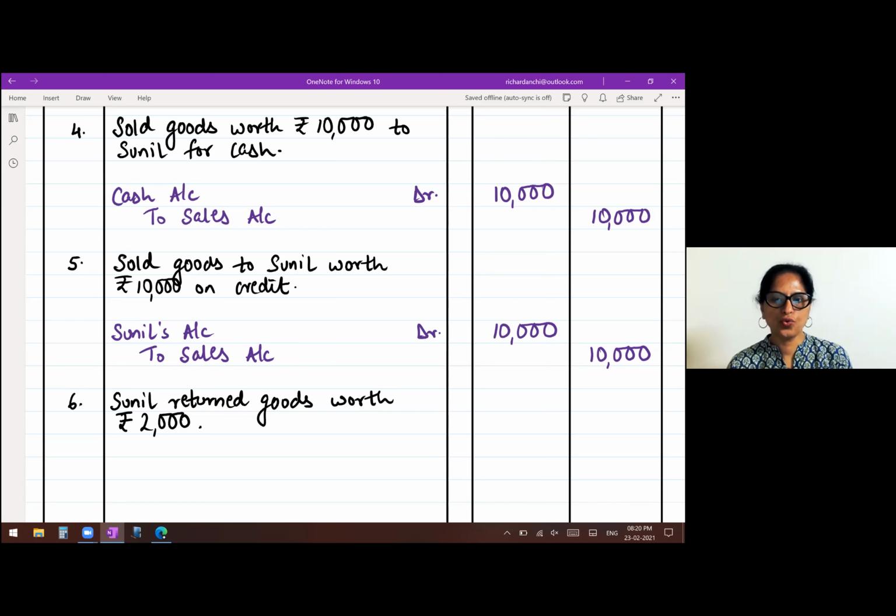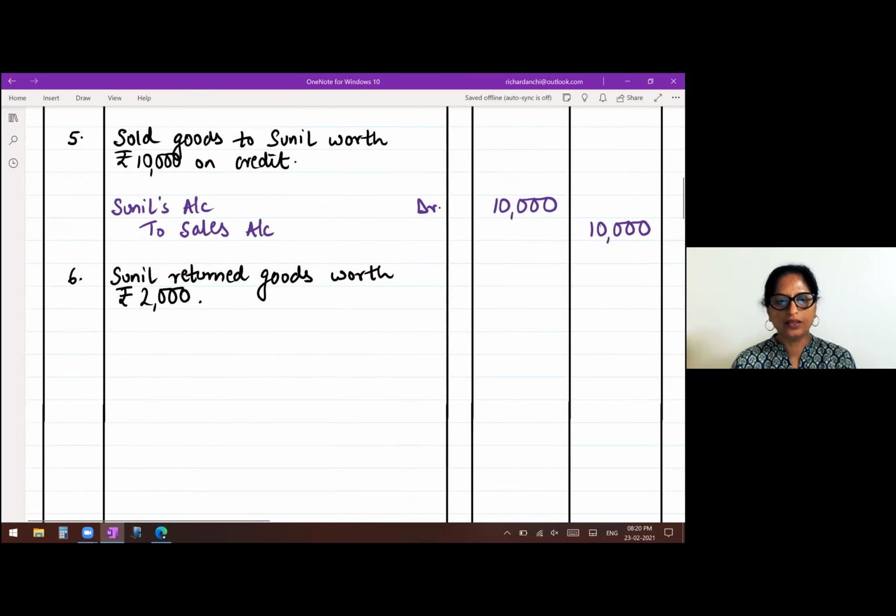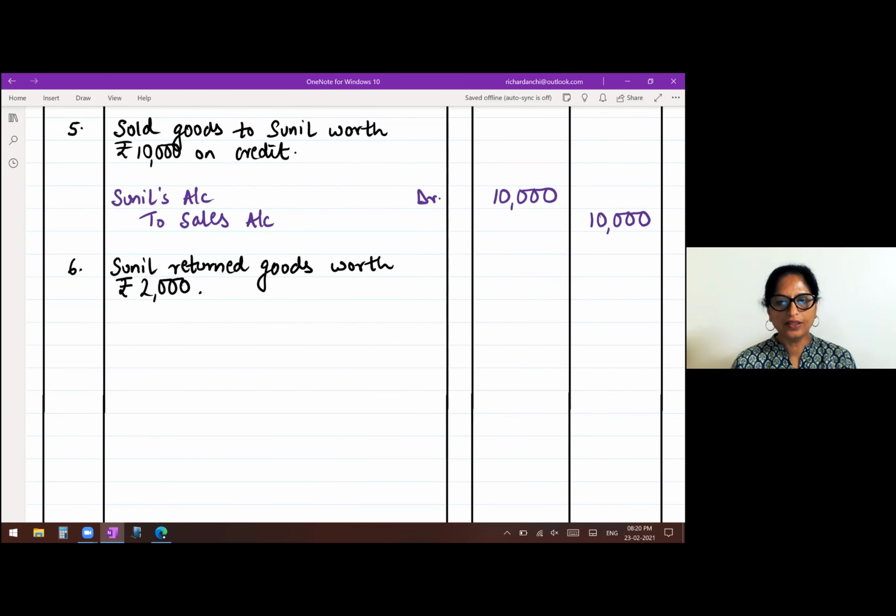Now what is happening? You had sold goods to Sunil. Now he is returning. So what is happening? Goods are coming back into the business. Okay. So here the one account will be sales return account, and the other, who is the giver? Sunil. Okay. So Sunil's account will be credited. So here you will write return inward account.